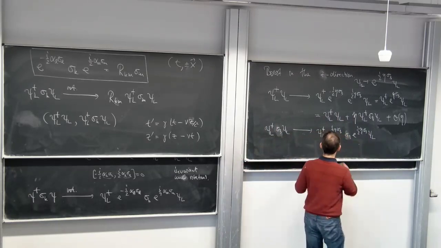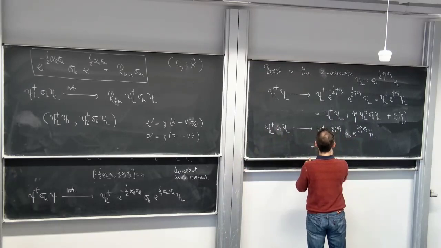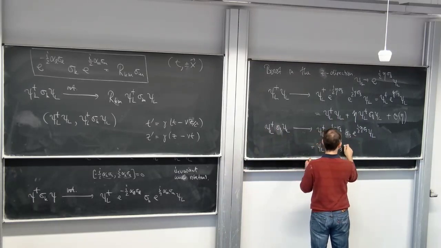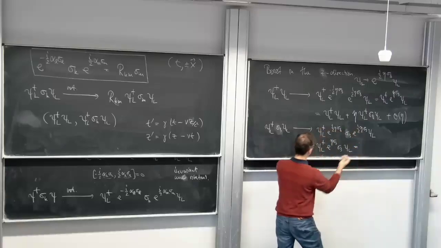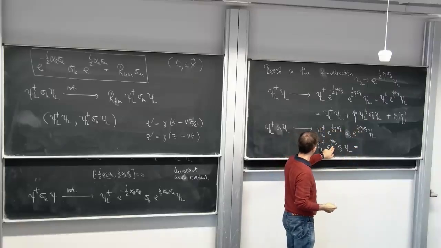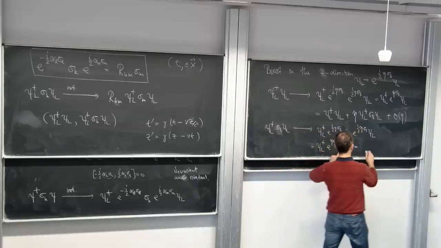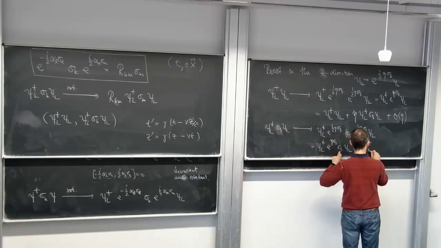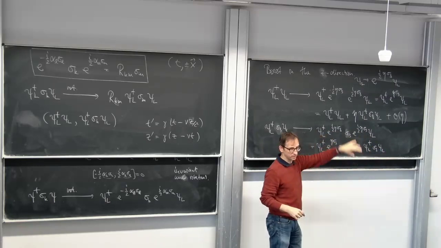So I bring it to the other side, and then I have psi L dagger sigma 3 e to the eta sigma 3 psi L. Now the same expansion, and we have a 1 here, but there's an extra sigma 3. And then the next term is eta sigma 3.